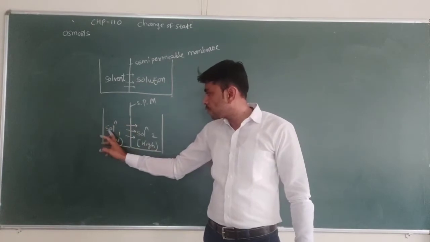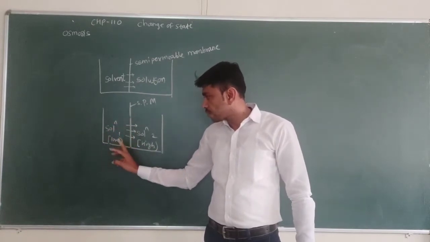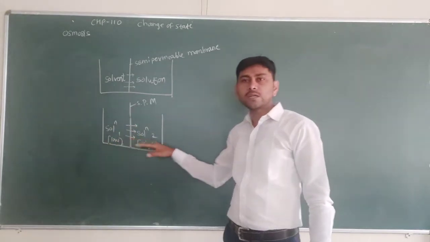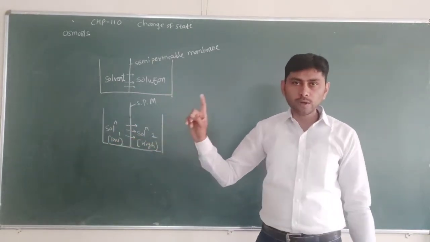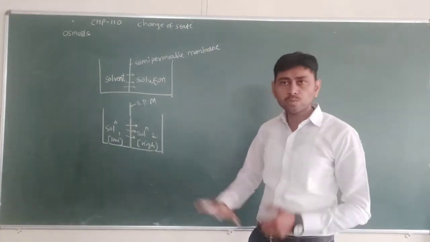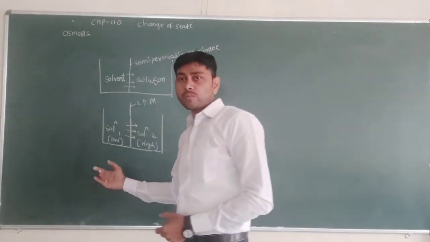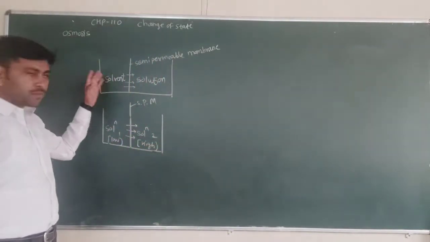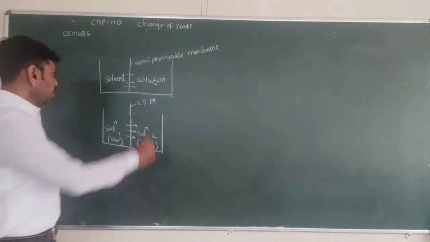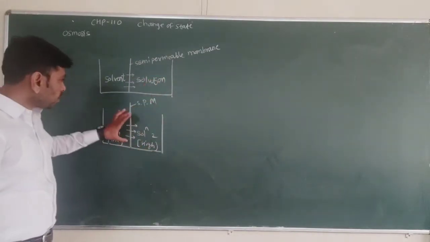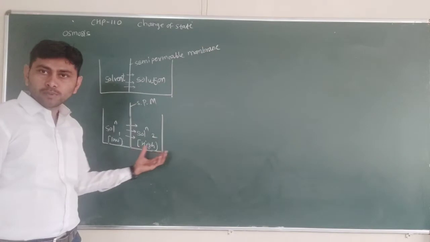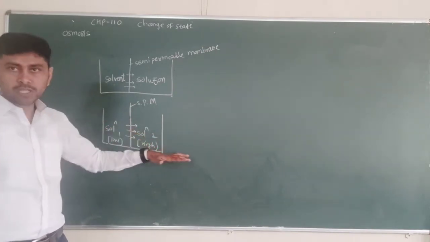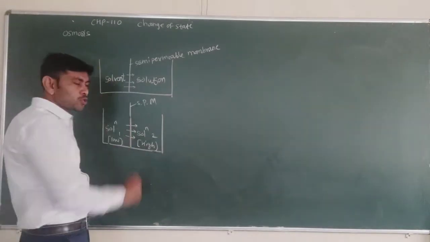Second, flow of solvent molecules from the solution of lower concentration to the solution of higher concentration is called osmosis. In this way the process continues till the concentration of both the solutions becomes equal. So the process goes towards equilibrium. So this is the osmosis process.